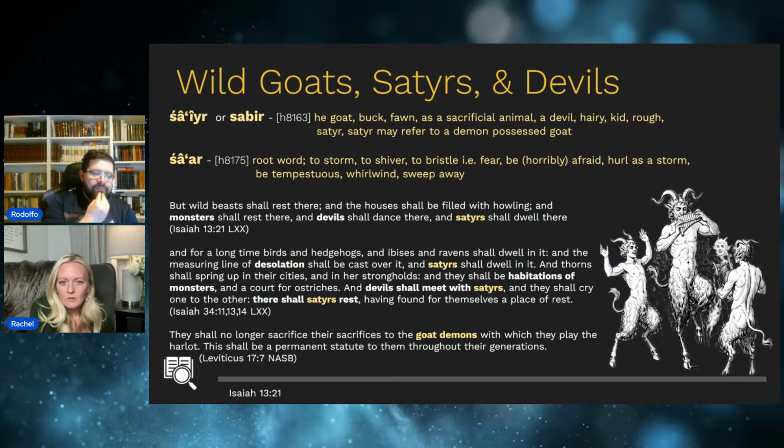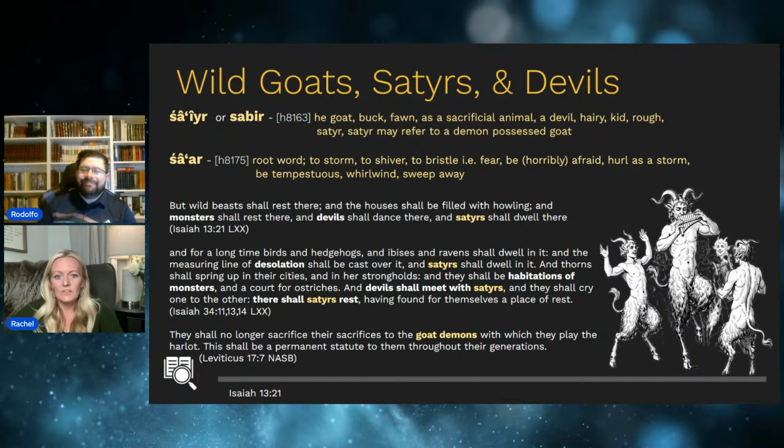Basically, the wild goats, they could be satyrs or devils and represent something more. The Hebrew word describes either a he-goat, a buck, a fawn. That's one of the animals they use to sacrifice. A devil could be like, it represents being hairy too, like a hairy kid, like a goat.